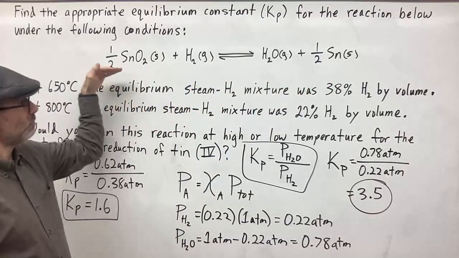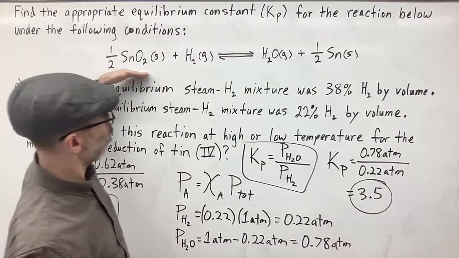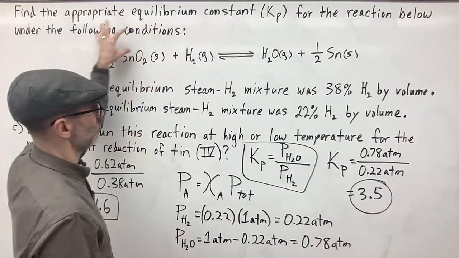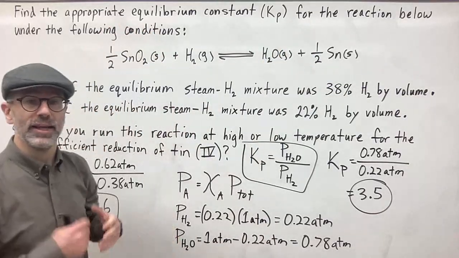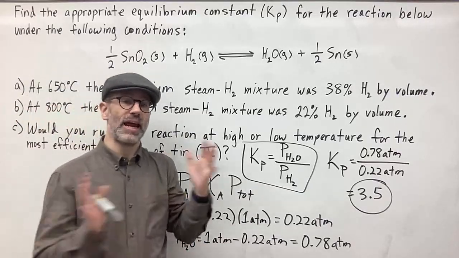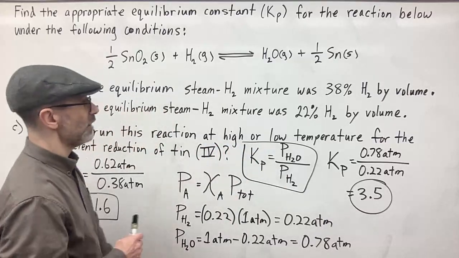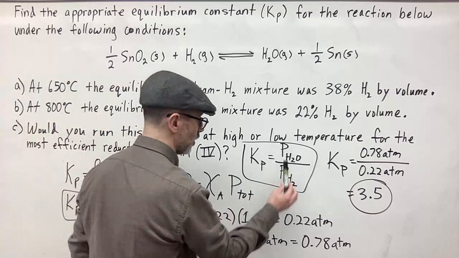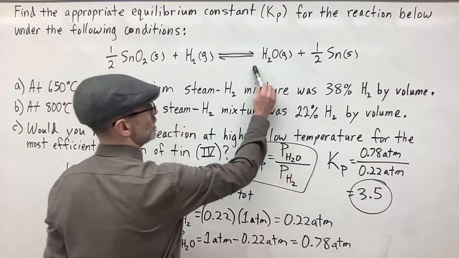So we want more to go this way, so we want more of this to be reduced to this. We want the equilibrium to favor the products, to shift left. So given the ratio here, we want more water vapor, which is on this side.